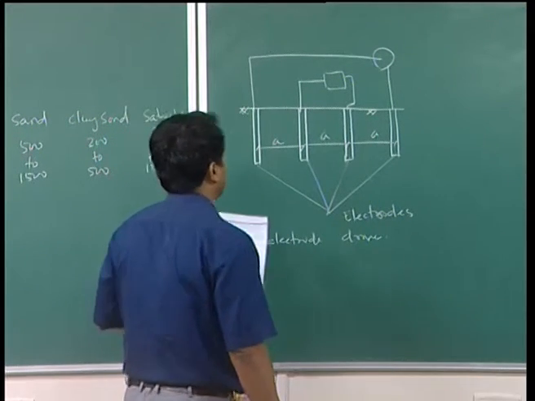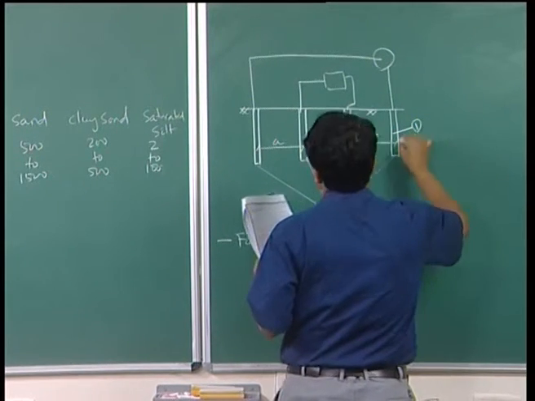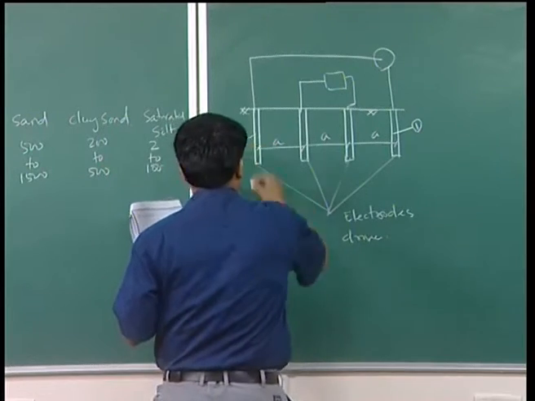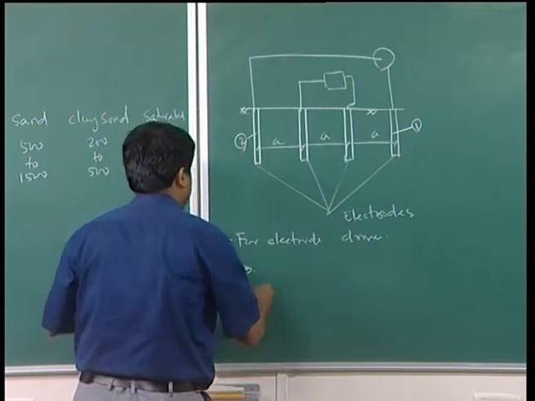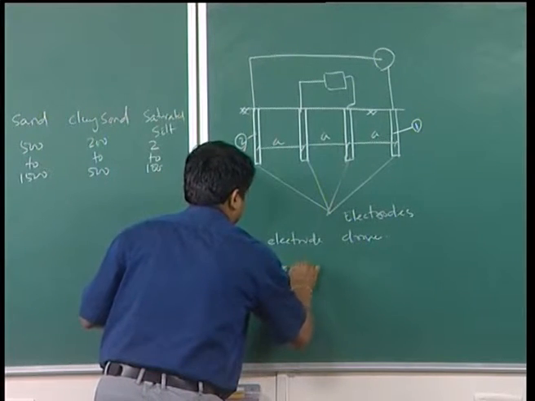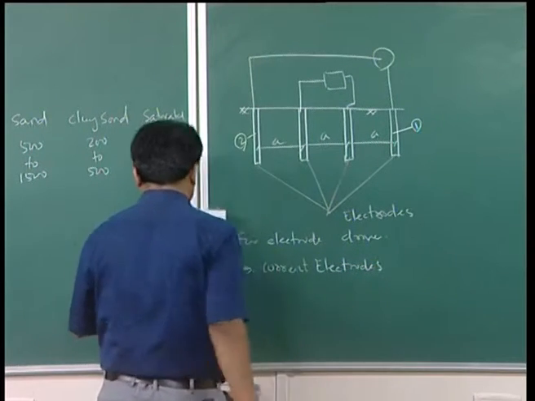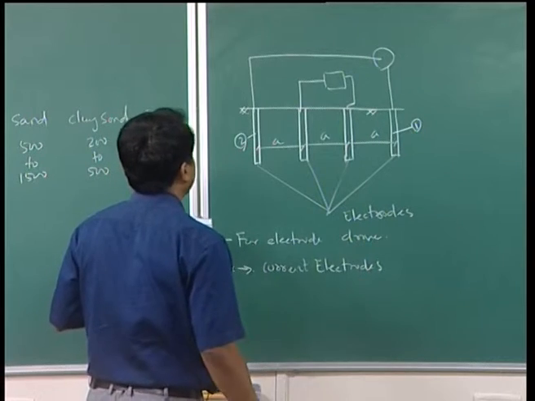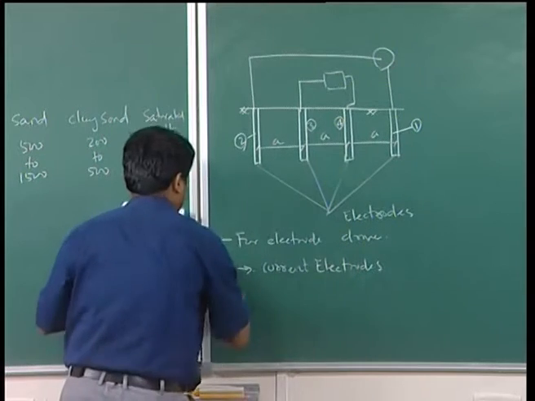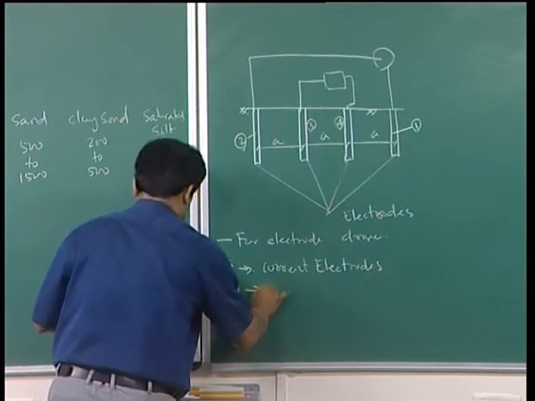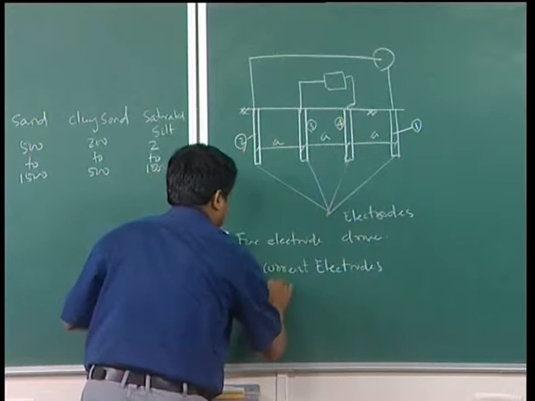Outer electrodes, these two outer electrodes, this is 1 and this is 2, are known as current electrodes, and the inner two electrodes, this is 3 and 4, are known as potential electrodes.